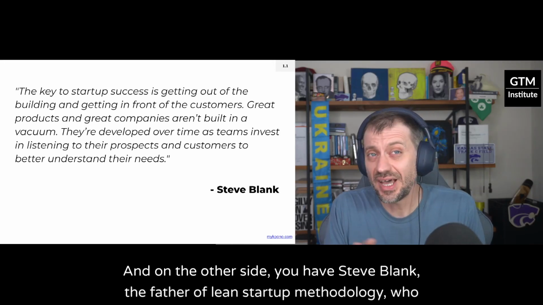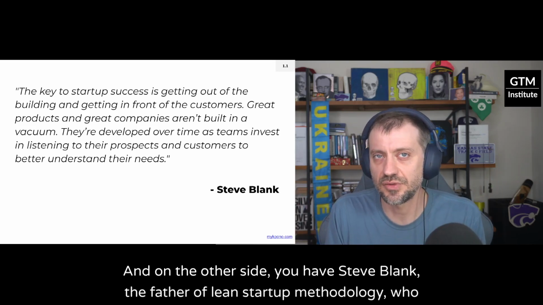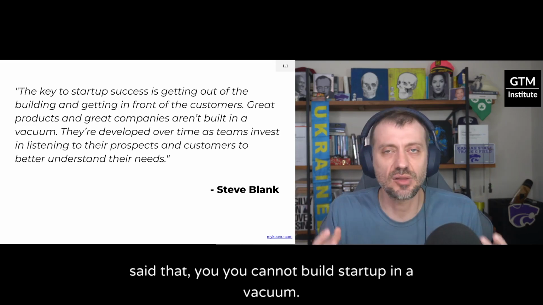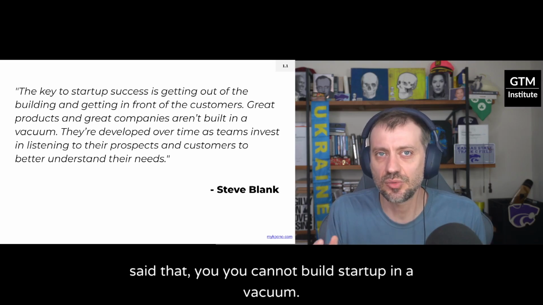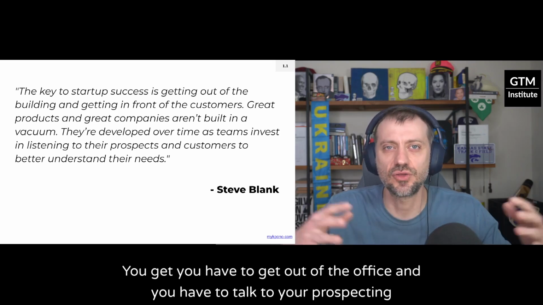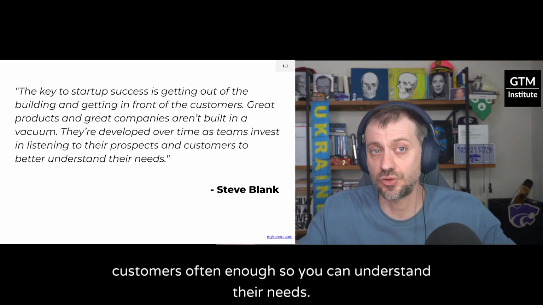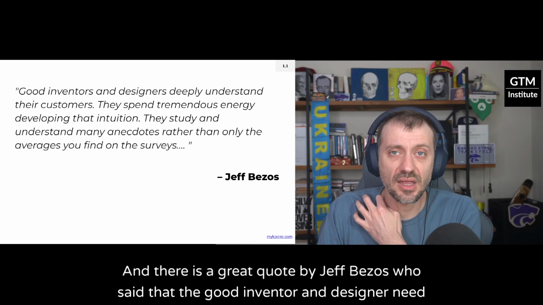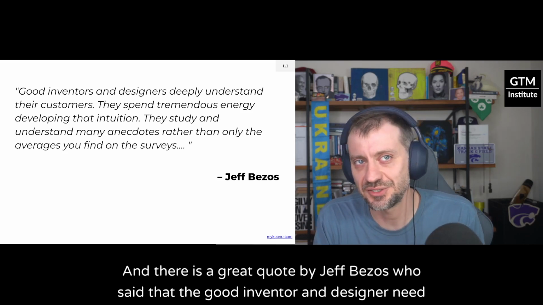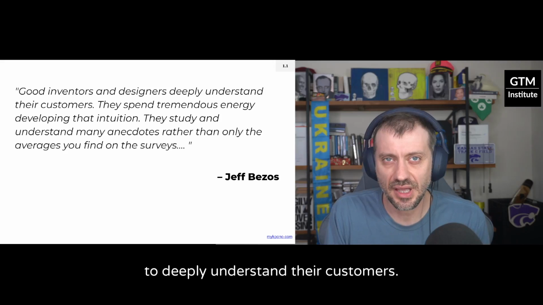On the other side, you have Steve Blank, the father of the lean startup methodology, who said that you cannot build a startup in a vacuum. You have to get out of the office and talk to your prospective customers often enough so you can understand their needs. And there's a great quote by Jeff Bezos, who said that a good inventor and designer needs to deeply understand the customer.